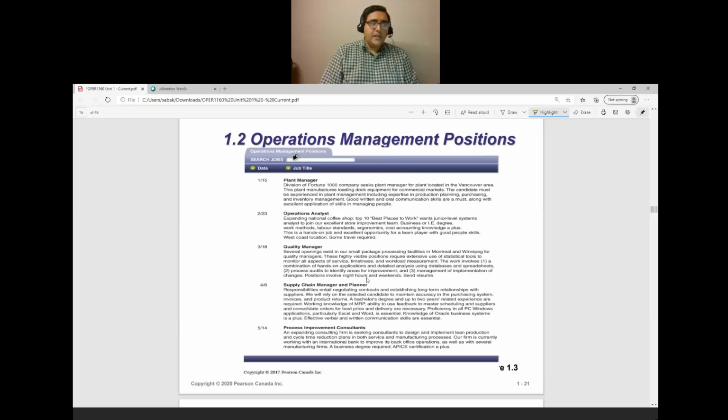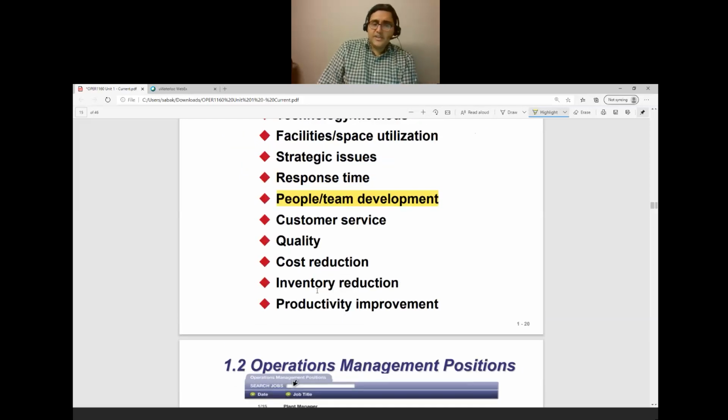If you go inside, say, Google, and try to search, for instance, if I just type inventory officer or inventory controller or anything, and select, say, Ontario or Waterloo as the area in which you are looking for a job, you will be able to see that there are lots of options, and you will be able to find the number of job opportunities which are available in the operations domain.